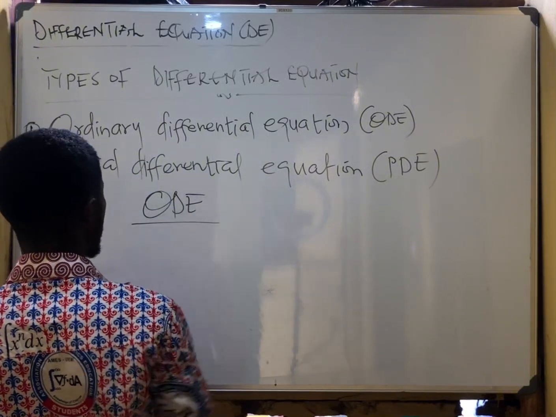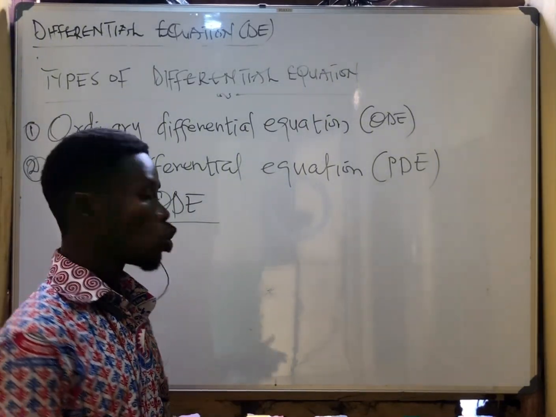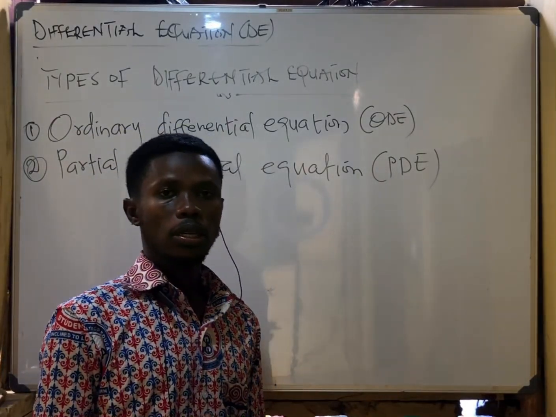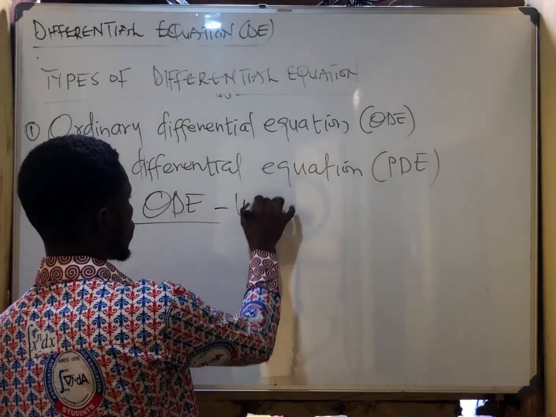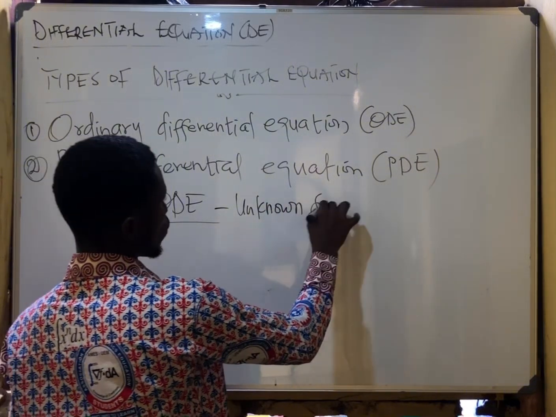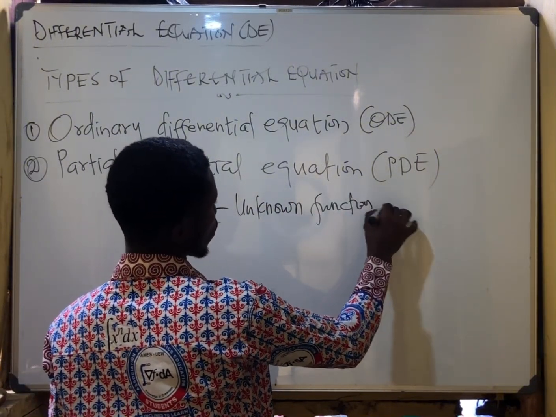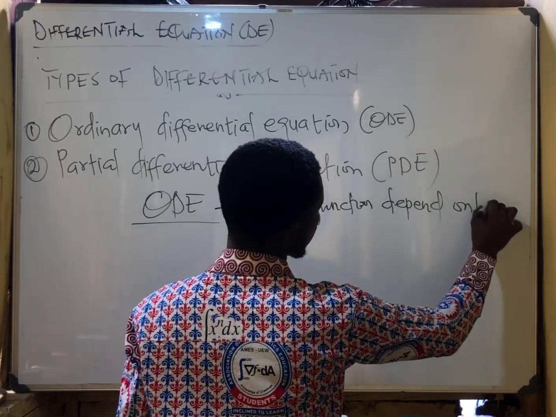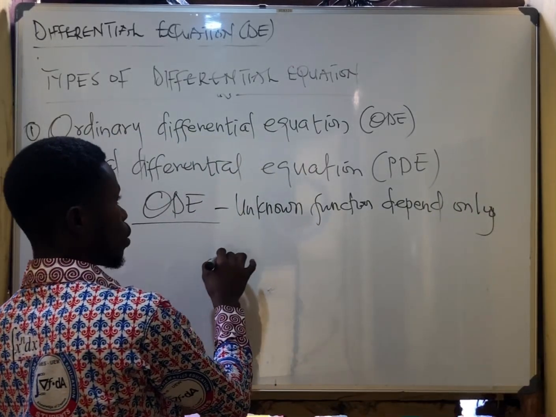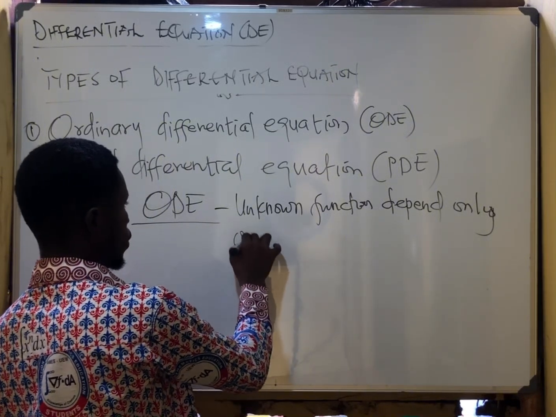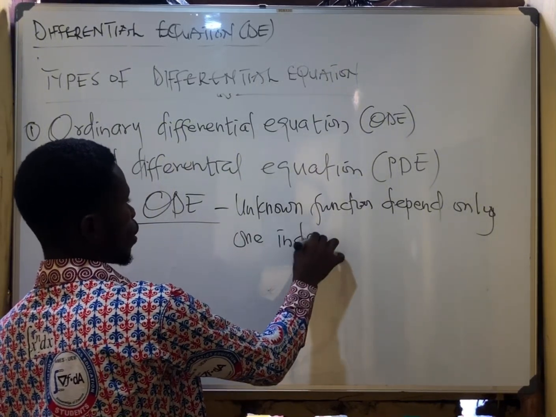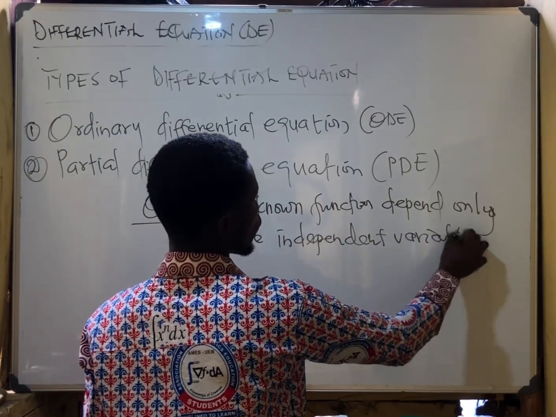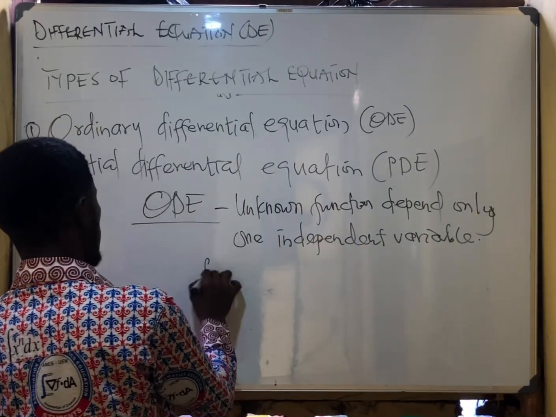For the ODE, the unknown function depends on only one independent variable. Is that okay?